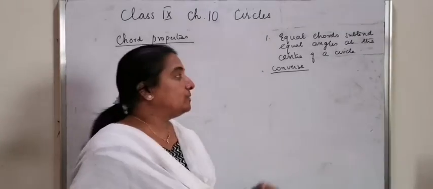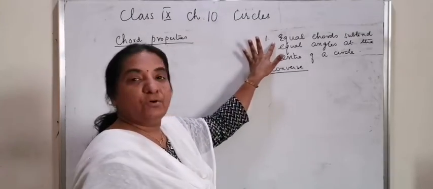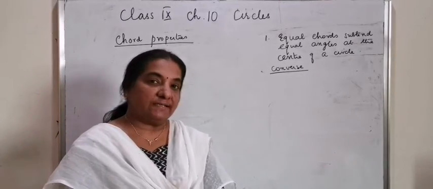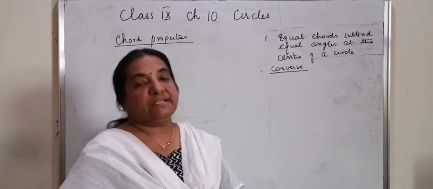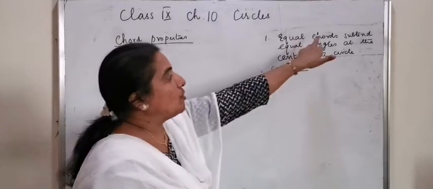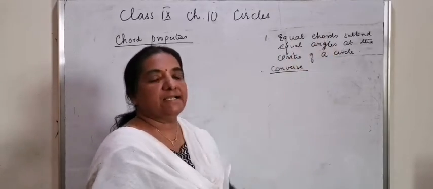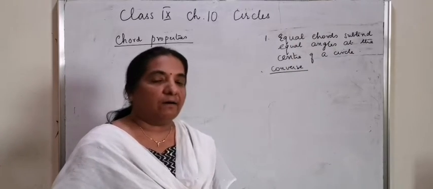What is the converse of this property? The converse statement is: chords which subtend equal angles at the center are equal.